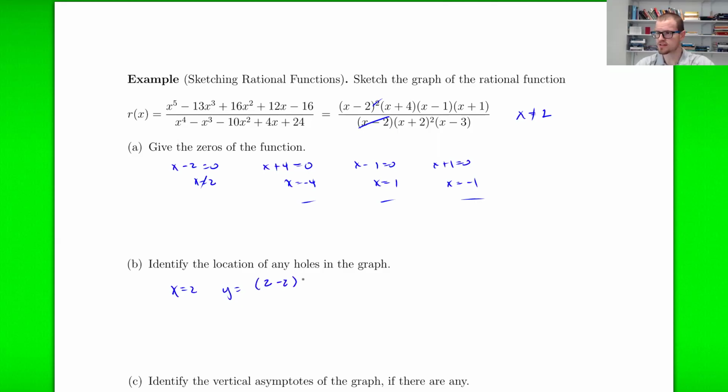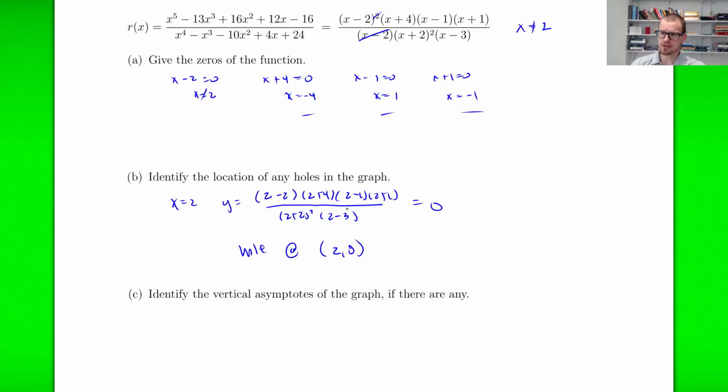So 2 minus 2 gives us the 0, times 2 plus 4, 2 minus 1, 2 plus 1, divided by 2 plus 2 squared times 2 minus 3. Now, I know that's going to be 0 because this factor is 0, giving us a numerator of 0 and an overall value of 0. So there is a hole at (2, 0).